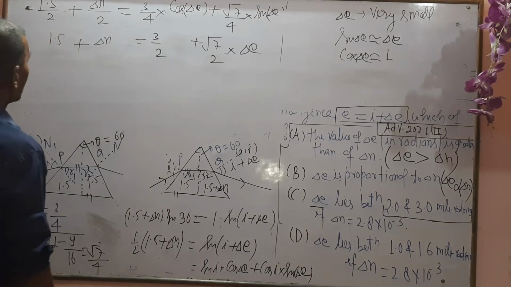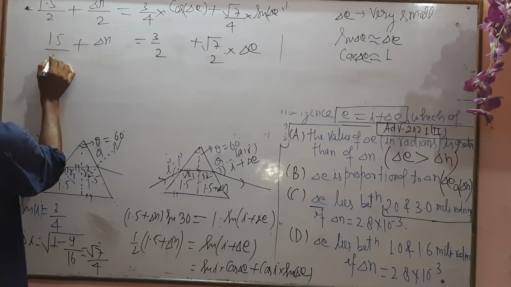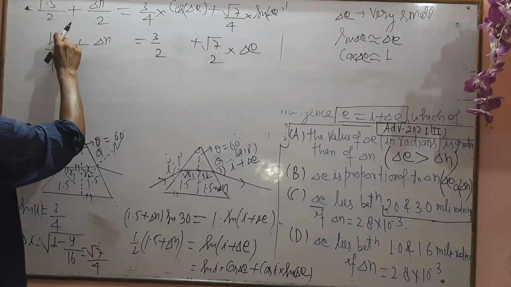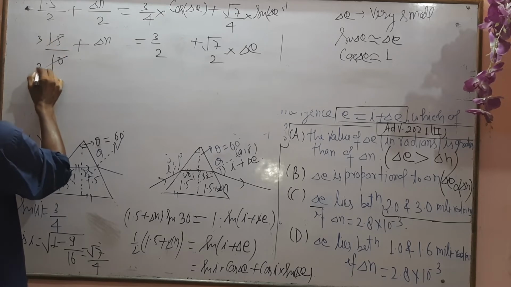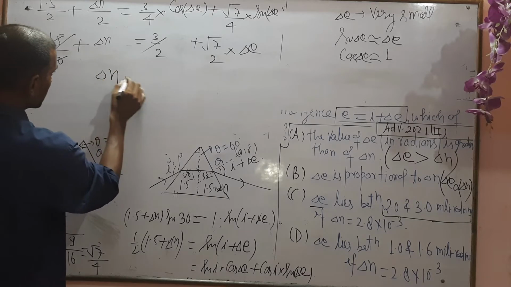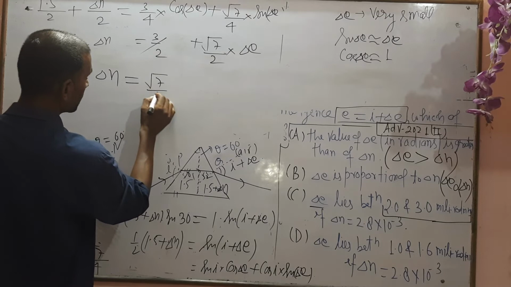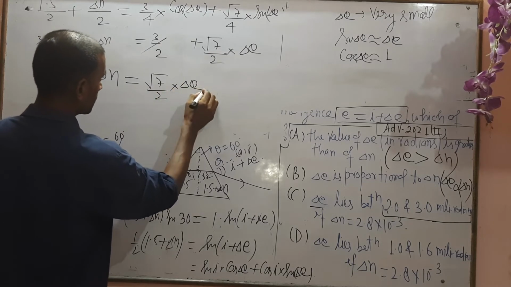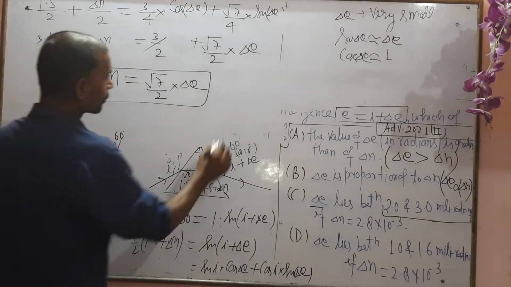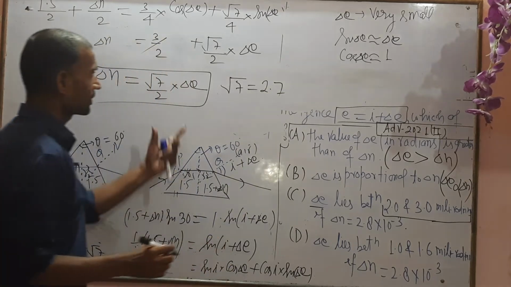And 1.5 divided by 2, dividing numerator and denominator by 5, this is 3 by 2, so 3 by 2 cancels out, and we get the relation: root 7 divided by 2 into delta e. Root 7 divided by 2 into delta e. And also we know that root 7 is 2.7.